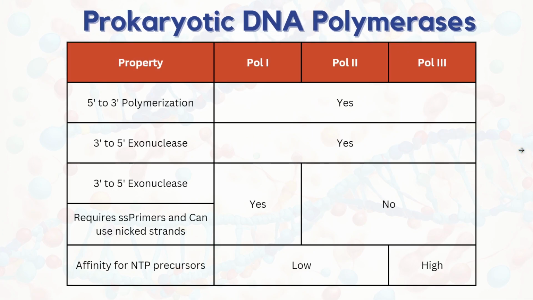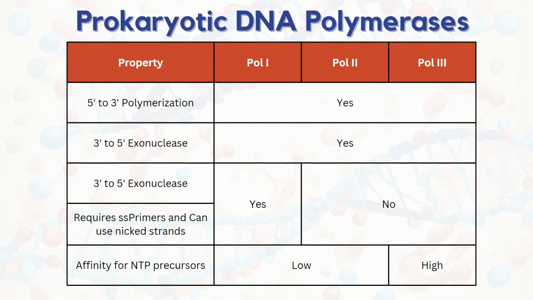Okay. So let's briefly go over the properties of the different polymerases. All three polymerases contain 5' to 3' polymerization activity as well as 3' to 5' exonuclease activity, while only DNA polymerase 1 has 5' to 3' exonuclease activity, while polymerase 2 and 3 do not.